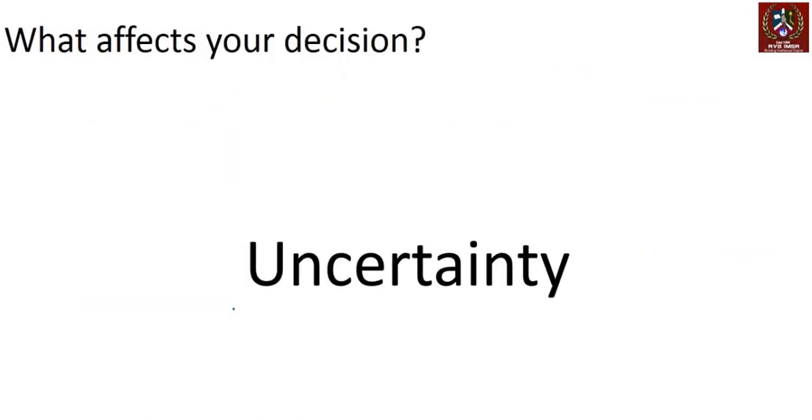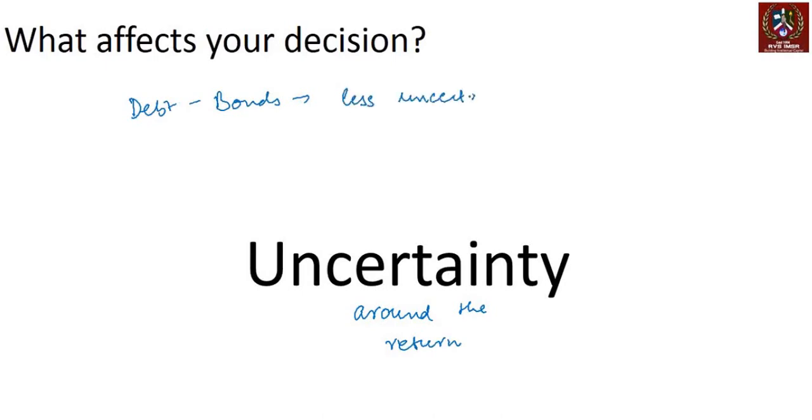So what do we do? What affects our decision? What affects our decision is the uncertainty that is around the returns. Remember, we've already seen that in debt instruments or in bonds, there is limited uncertainty, or there is less uncertainty. If you hold it to maturity, you will make money.